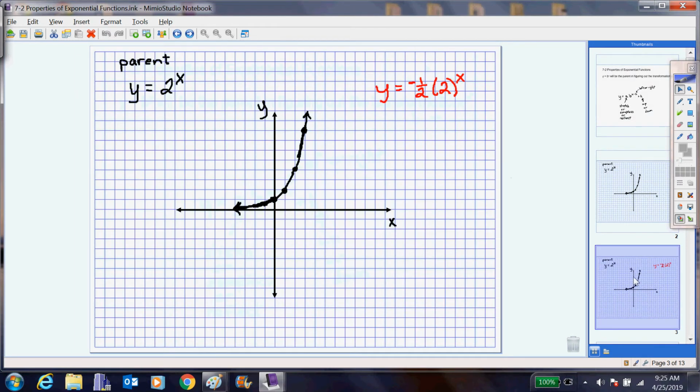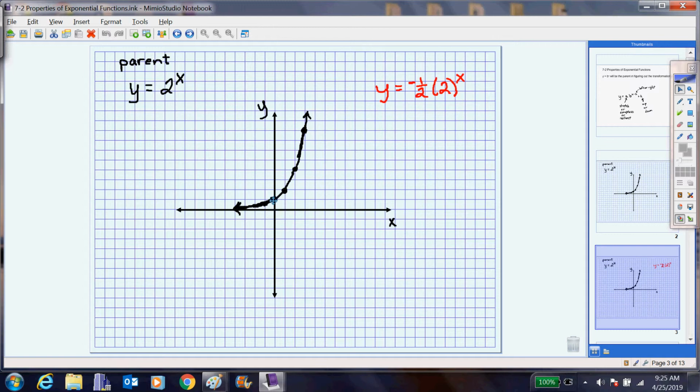No. Is it going to affect our up and down? No. What's it going to affect? Stretch or compress. So from your knowledge from before, is it a stretch or a compress? It's a compress. It's going to shrink it down by a half. And what's this negative going to do to it? Upside down, sure. So it's going to flip it over and it's going to cut all the values in half.